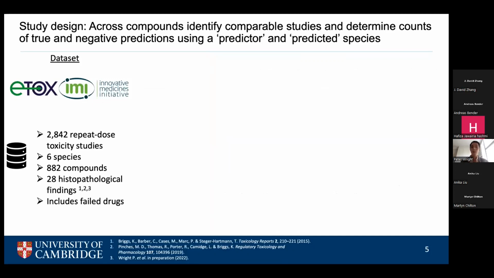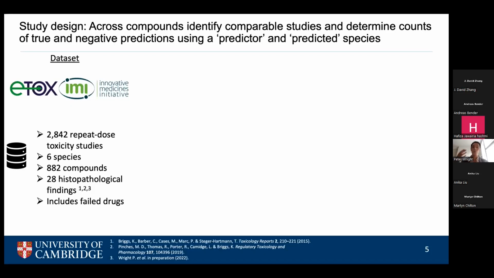So now I want to talk about the present study design given the previous study. The data set we used was the eTOX data set, which is a preclinical sharing project of repeat dose toxicity data from 13 partner companies, mainly large pharma companies. The data set I used contained 2,800 repeat dose toxicity studies in total across 6 different species, and generally tested over 880 compounds.